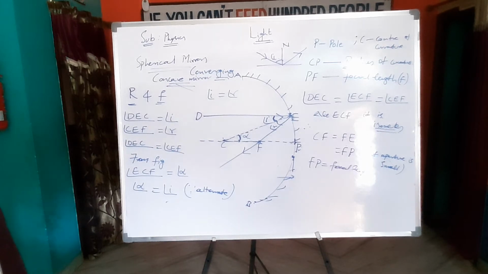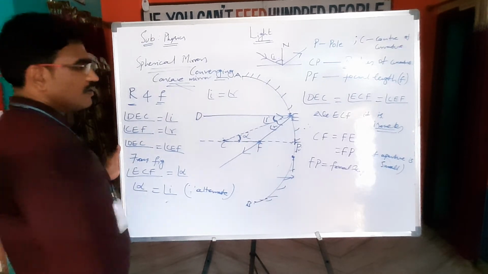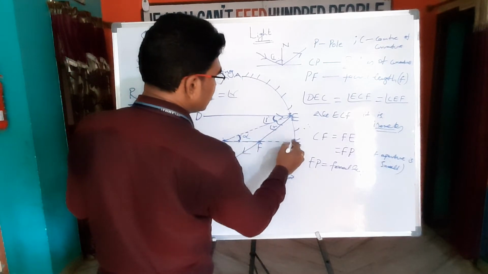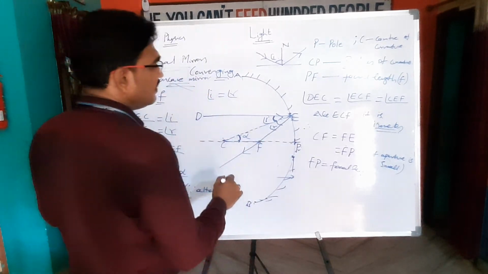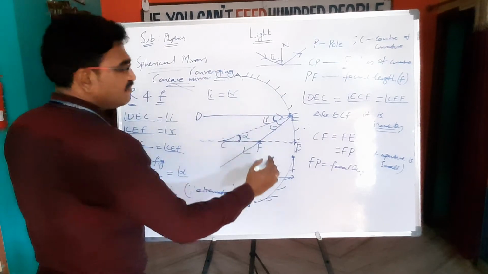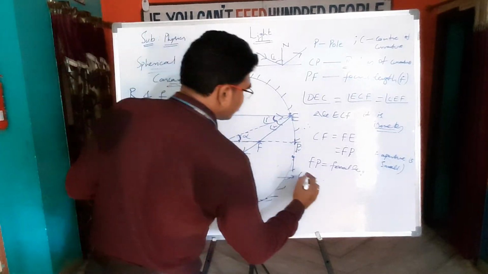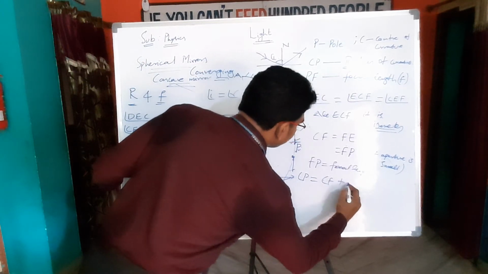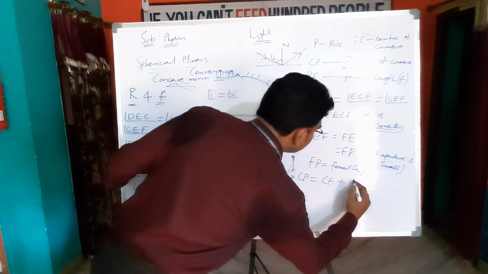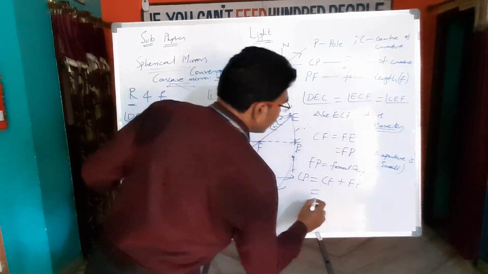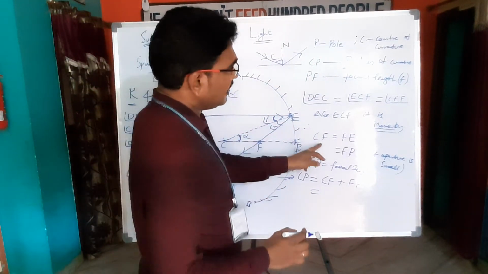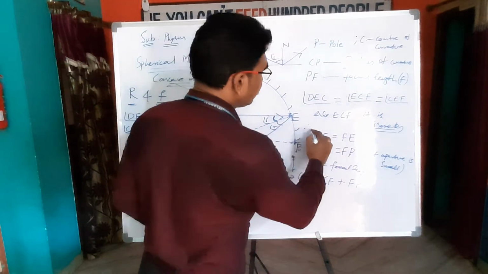So this is what you should understand. So this length already CF, and we know CP. What is CP? CP is equal to CF plus FP, and we know CF is equal to FP.